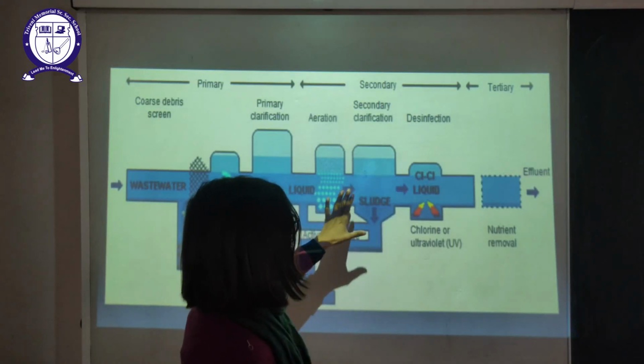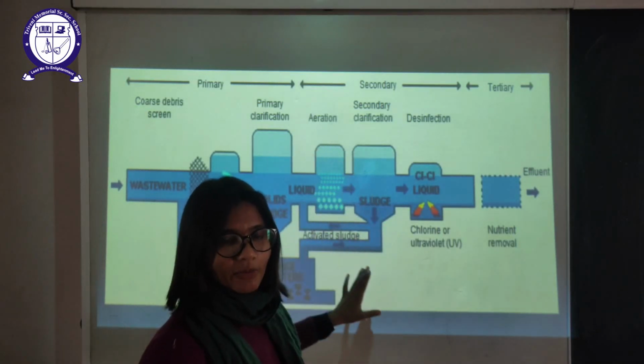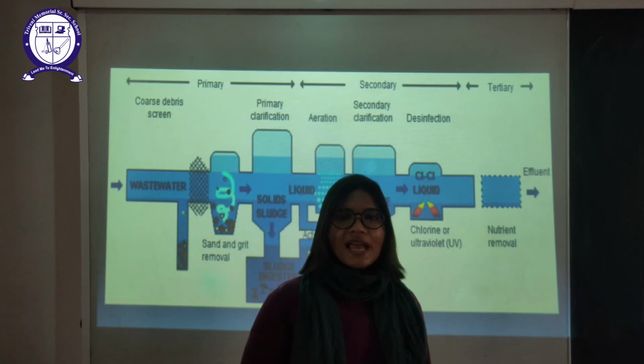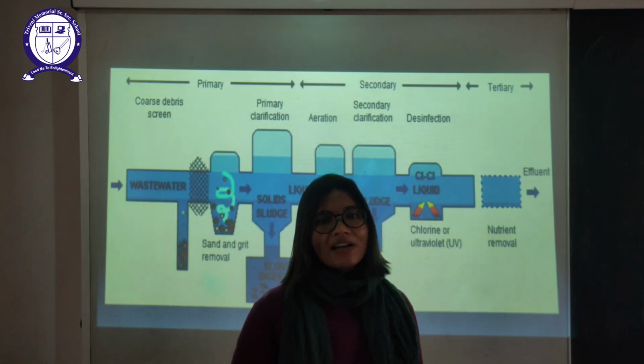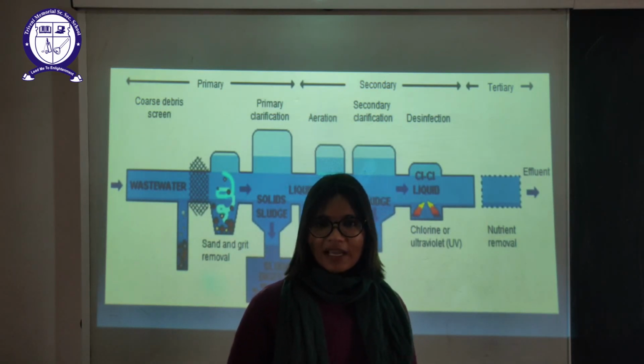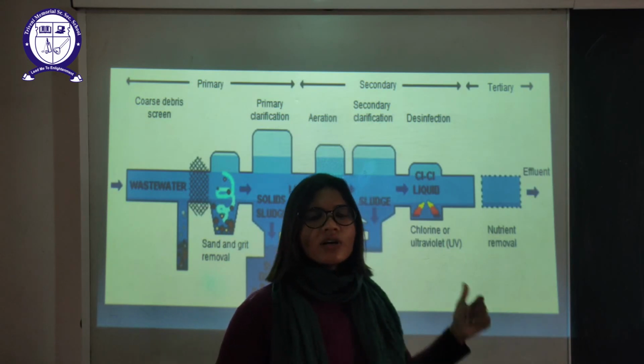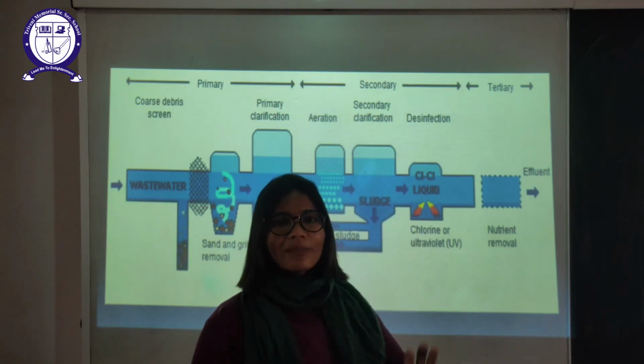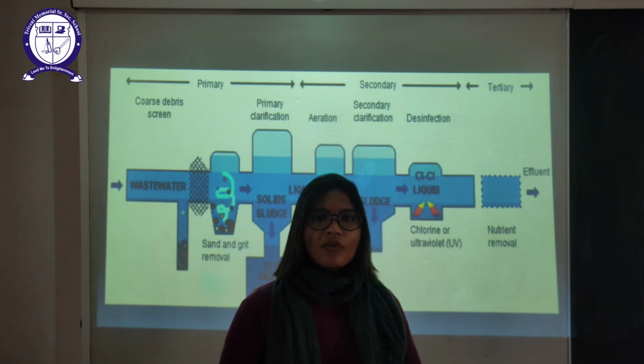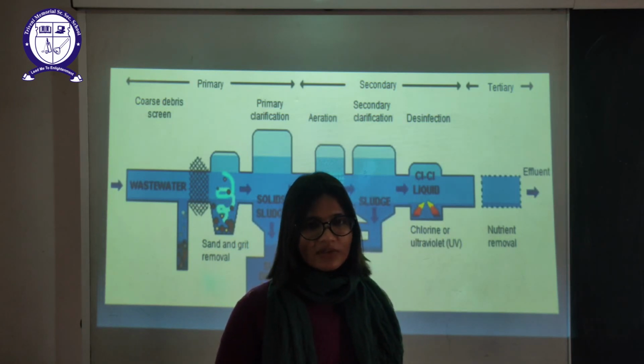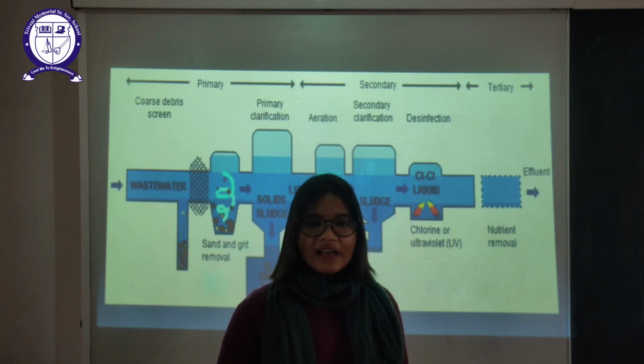Now after that, in the second tank of the secondary treatment, we are going to introduce anaerobic bacteria. For that we need to cut off the supply of oxygen. So the second tank will be in the absence of all kind of air, because as we know, if we supply air, all the anaerobic bacteria will die.